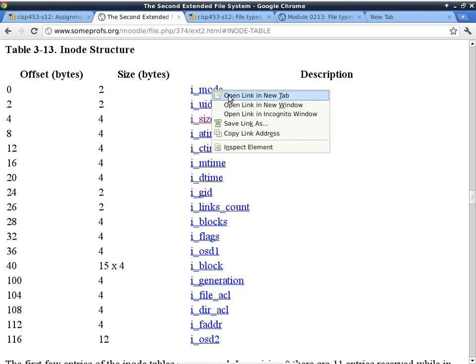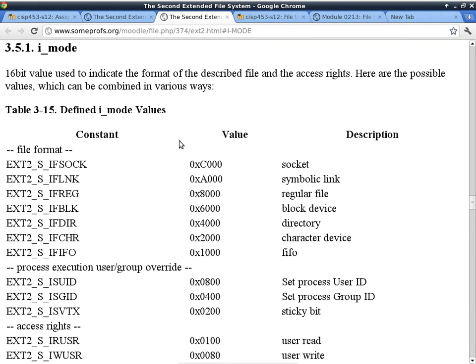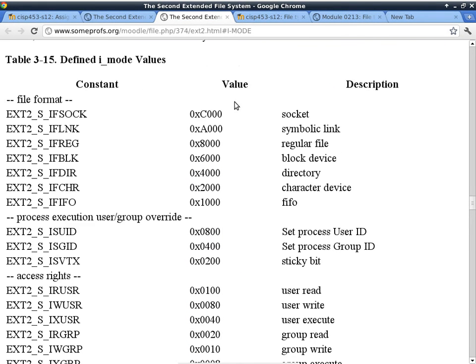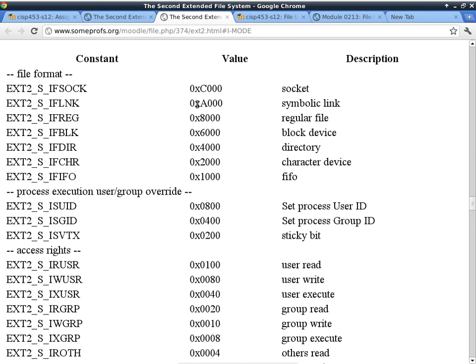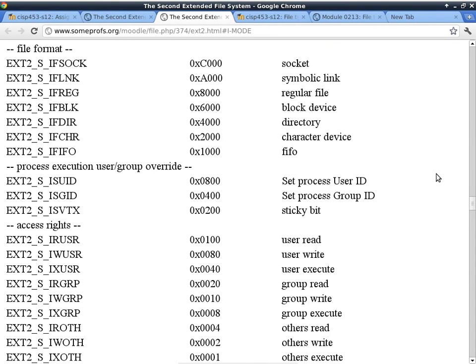So I'm going to right-click and open a new tab on just this one 16-bit entry. This one single 16-bit entry tells you a lot about what the file is, and it also tells you all kinds of permissions of this file. Now remember, each inode structure is basically representing an entry in the file system, for the most part, except for the bad blocks and the ACL and stuff like that.